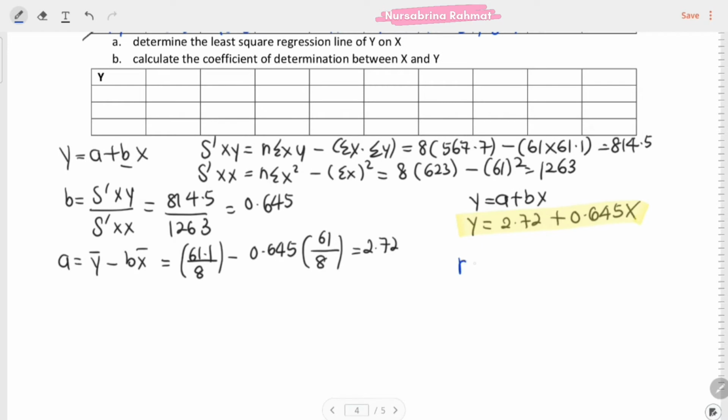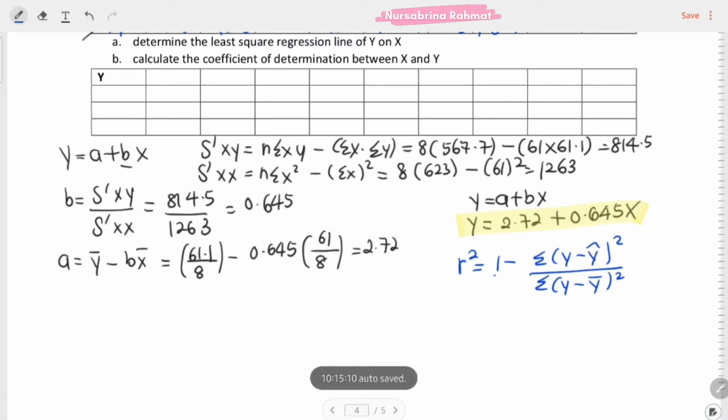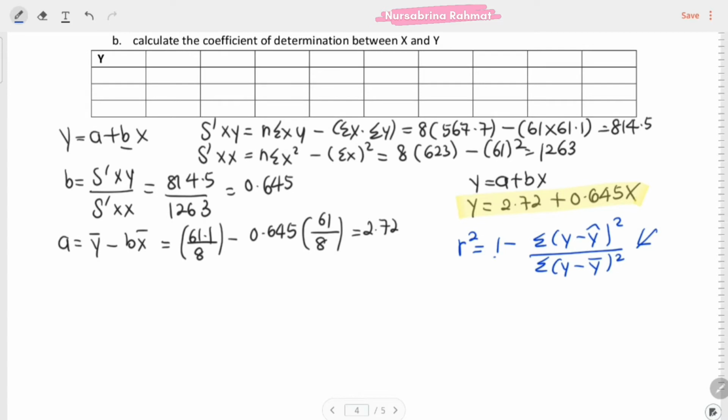So R square equals 1 minus R square equals... In this equation, I'm going to show you how to determine the coefficient of determination using this formula. As you know, there are two formulas, but I'm going to use this one for this question.